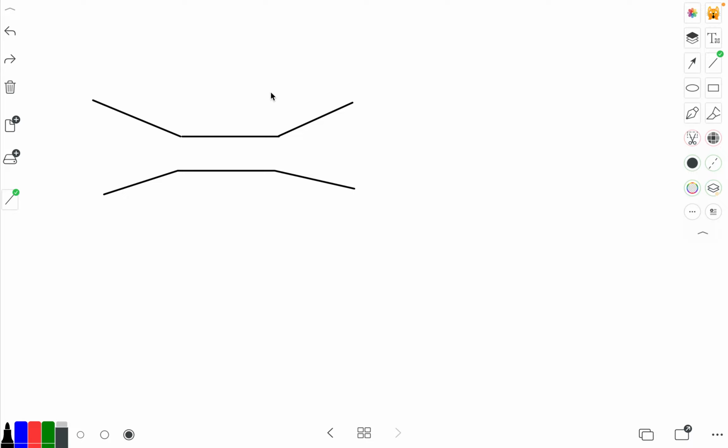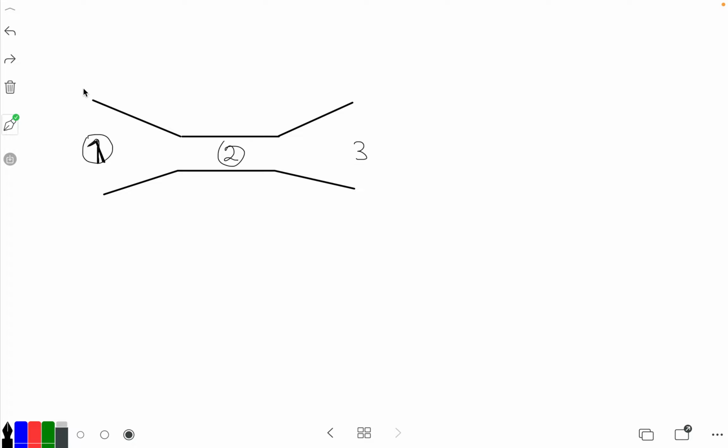According to Bernoulli's theorem, we know, let's say that this is point 1, point 2, point 3. Total pressure at point 1 equals total pressure at point 2 and total pressure at point 3.